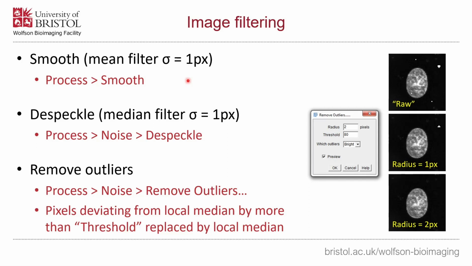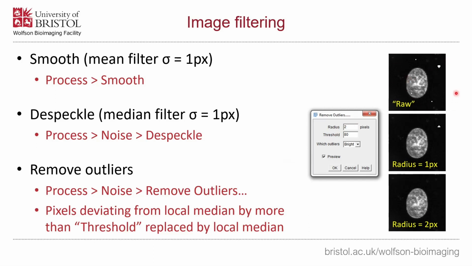One filter that is worth mentioning that I haven't looked at so far is Remove Outliers. So this is Process, Noise, Remove Outliers. This is effectively the same as a median filter, but rather than applying the median filter to every single pixel, it only replaces those pixels which are above a particular intensity threshold with the median value within the local range specified by radius.